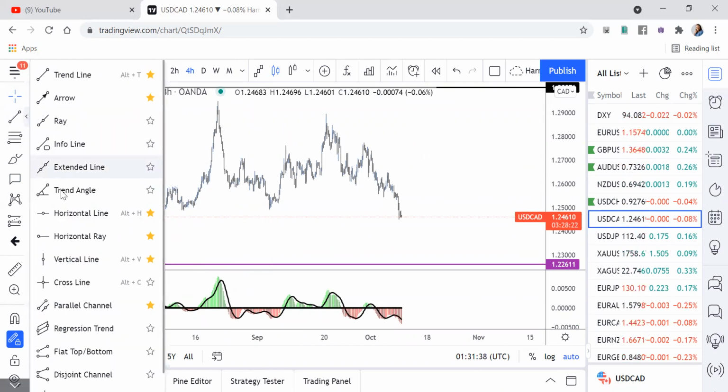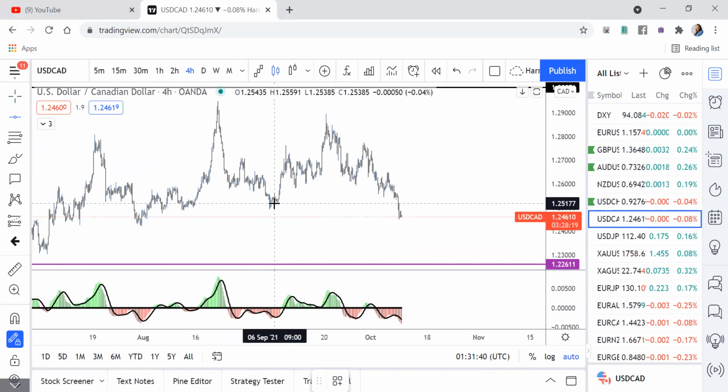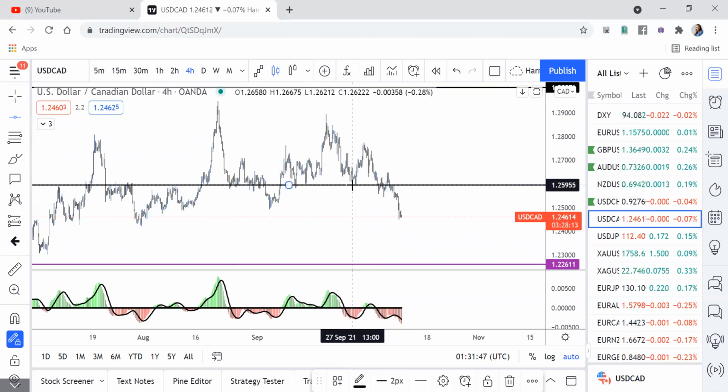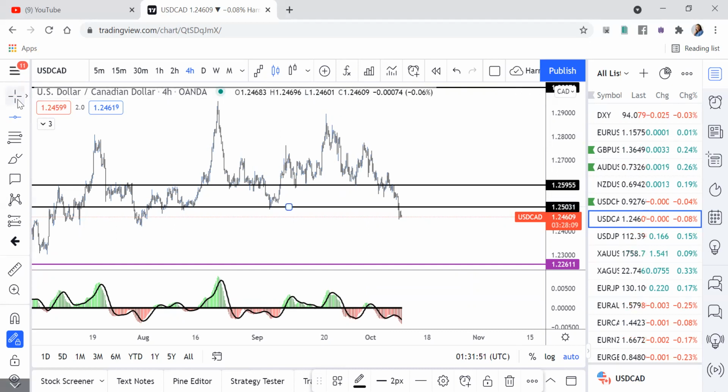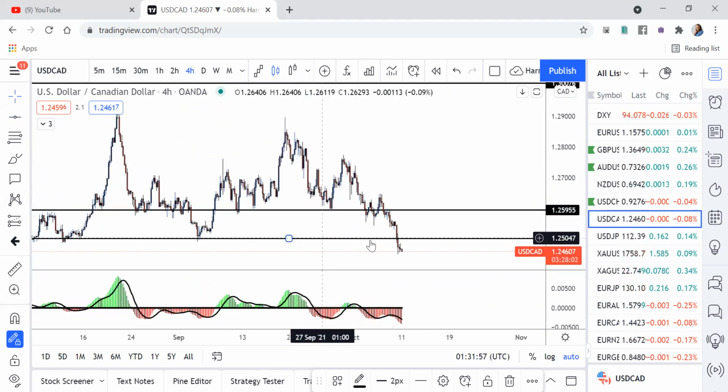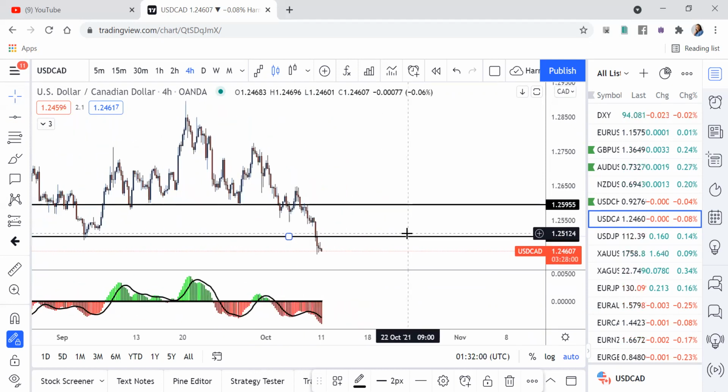If you can't see it, let me show you. This is structure here. This is structure here as well, actually. So let me deal with this structure here first. I'm going to put something here as well. Structure was broken here, retested, and then continued to sell and broke here as well.